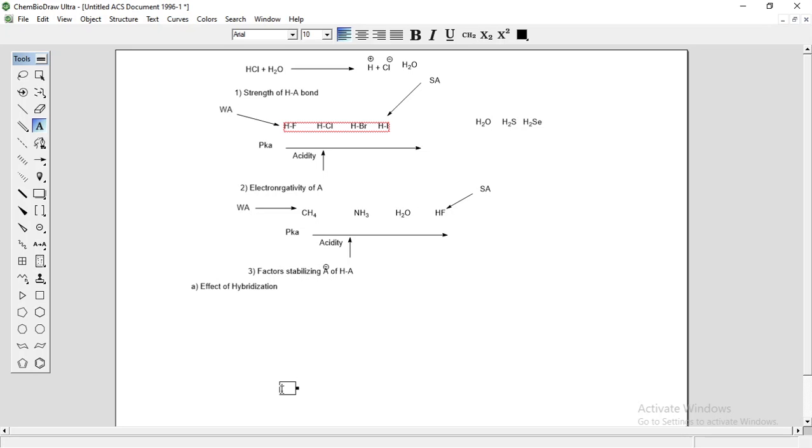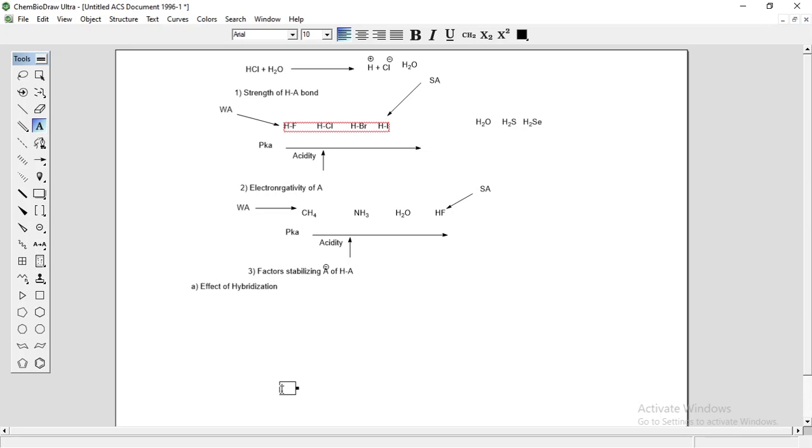Let's consider the example of ethane and acetylene, alkane and alkyne. With more s character, the acidity of the C-H bond increases.